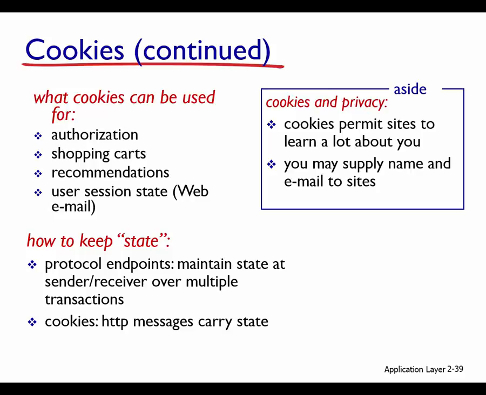Of course, one of the issues is privacy, because now you're sharing a little bit of information about yourself to the rest of the world that people can find out about. So that may or may not be a good thing.